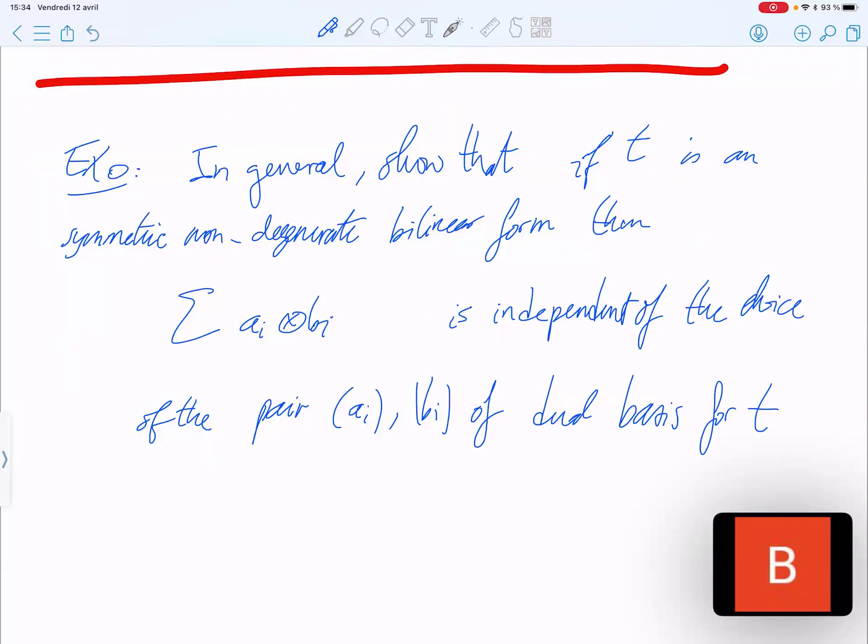So be careful. What I noted, tau, is what we did before. The bilinear form is like that.